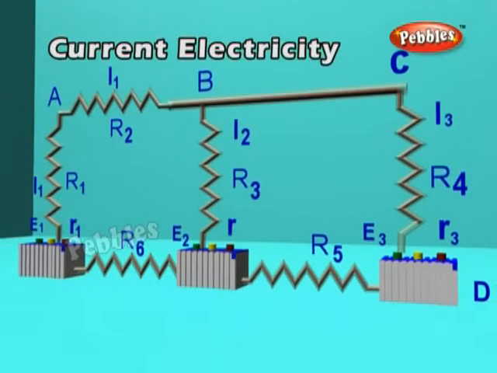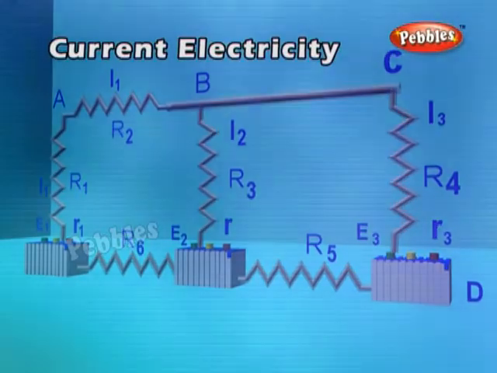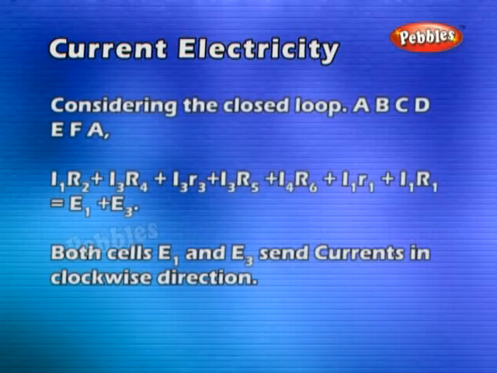Let us consider the electric circuit. Considering the closed loop ABCDEFA, I1R2 plus I3R4 plus I3R3 plus I3R5 plus I4R6 plus I1R1 plus I1R1 equals E1 plus E3.